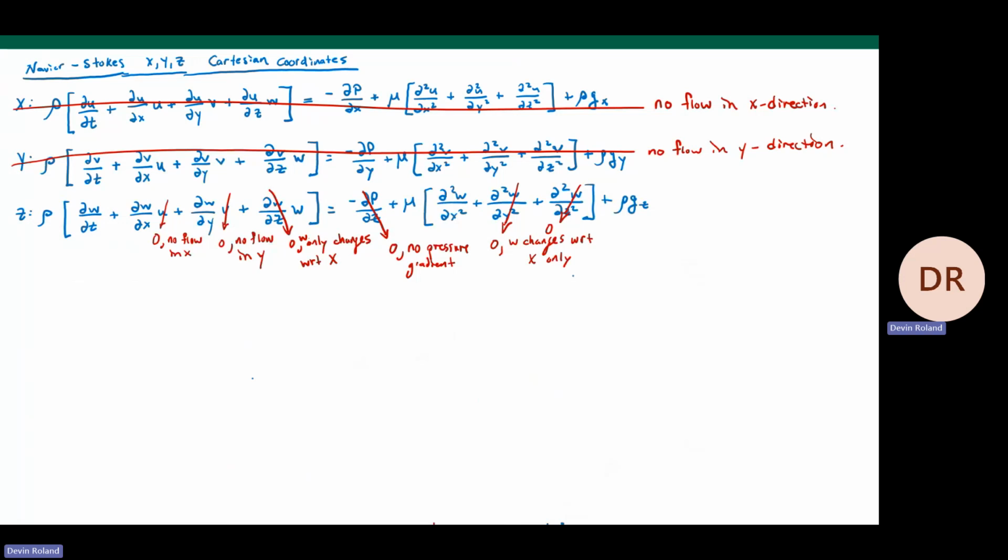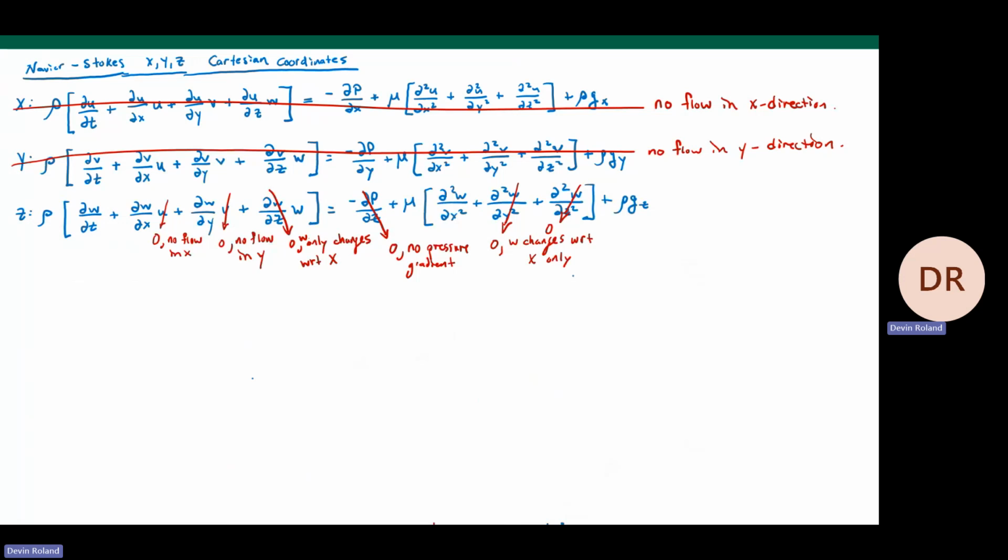Then one more assumption that we need to make. Because this is fully developed flow, it means that sufficiently enough time has passed for the flow to not be changing anymore. It's gone through the developing process and it's now steady state.